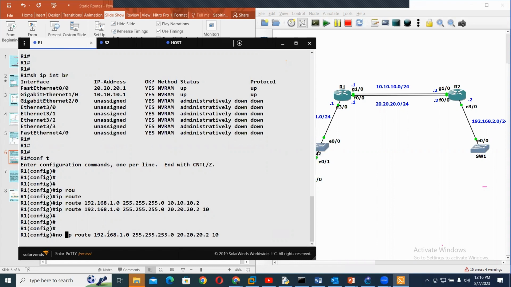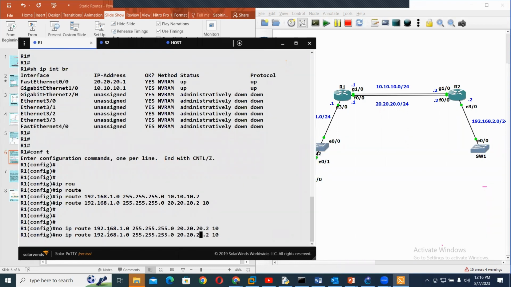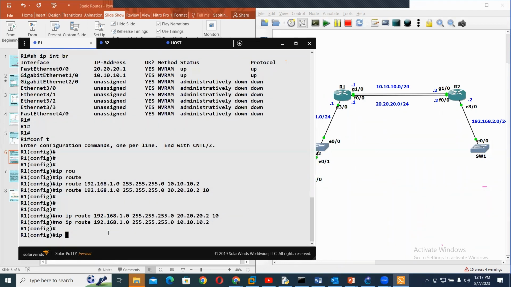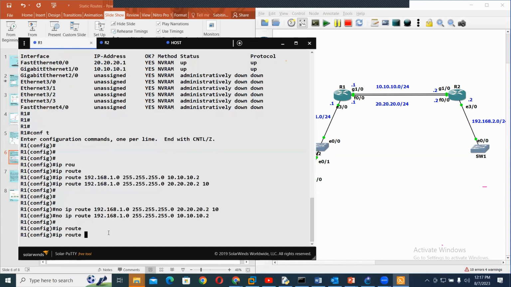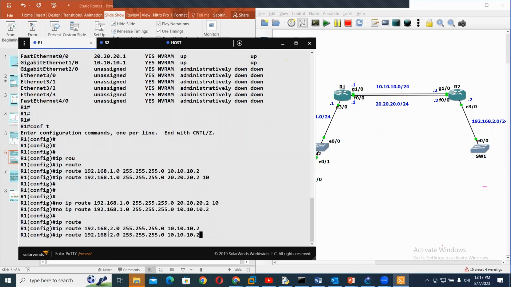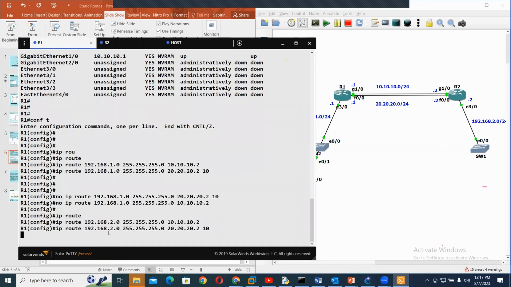Let's set up the IP route: 192.168.2.0 255.255.255.0, first route 10.10.10.2, and the secondary route will be 20.20.20.2 with an AD of 10.